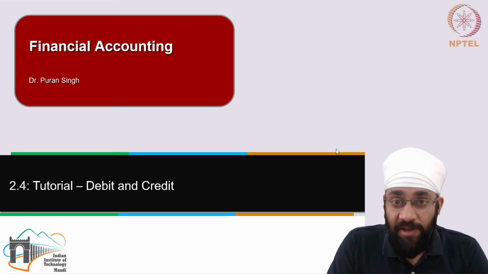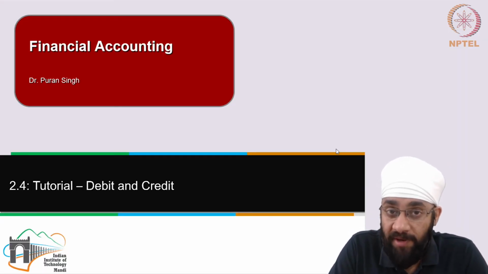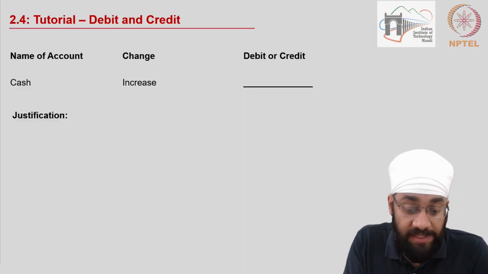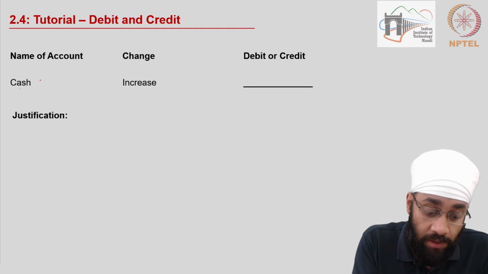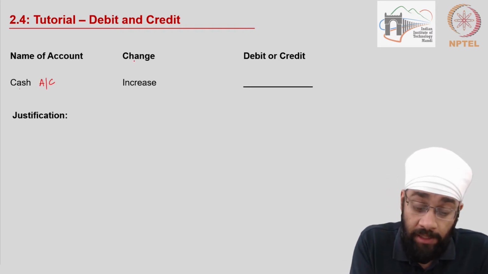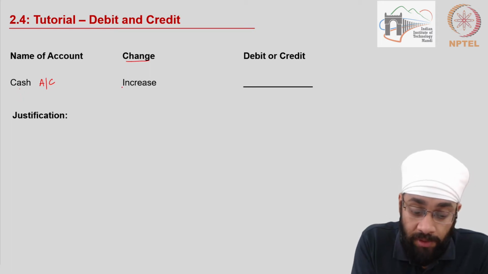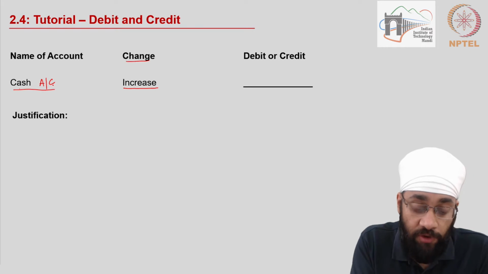All right, let's reinforce your learnings from the previous video about debit and credit and do a quick tutorial. On the slide, you see the name of an account. So we have the cash account here, and we've been given a direction of change. How to interpret this is as follows.